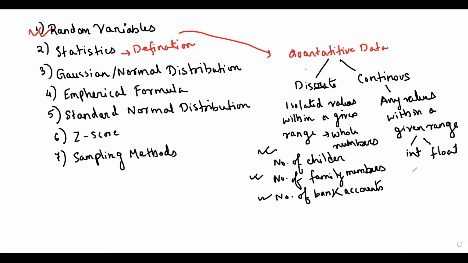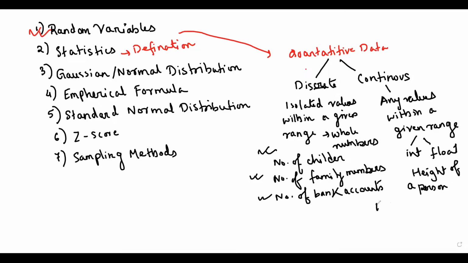What are the examples? Examples may be the height of a person. This can be an example of a continuous random variable. So the height of a person can be 5.6, 6.2, 4.5, any numbers, right?